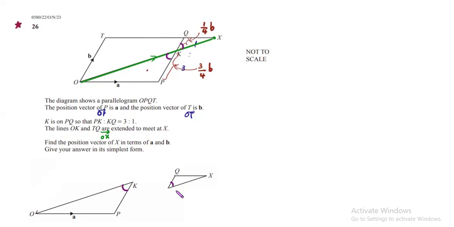Next, this angle and this angle will be equal. If I draw the Z shape like this, they are alternate angles, therefore they are equal.